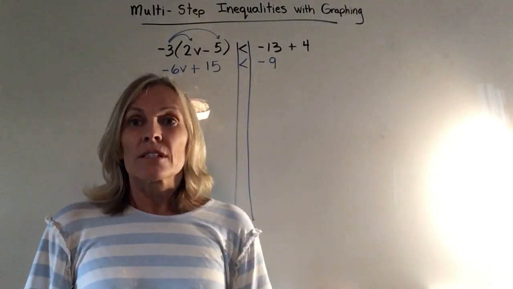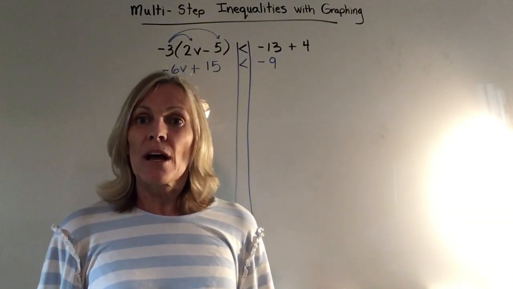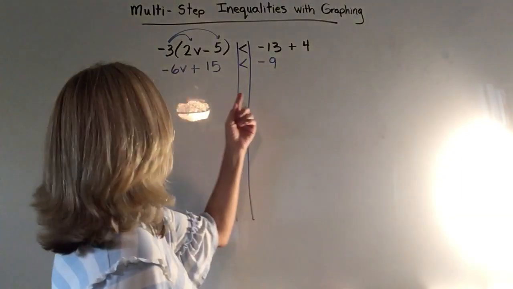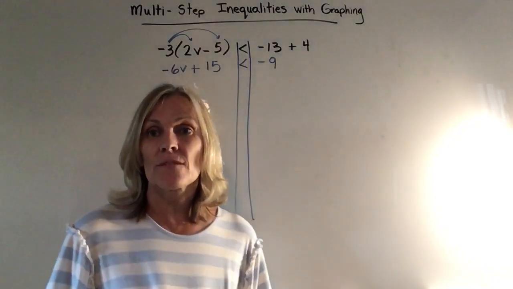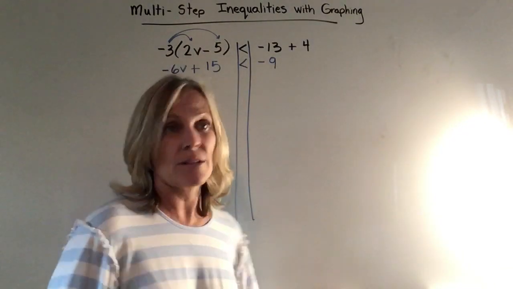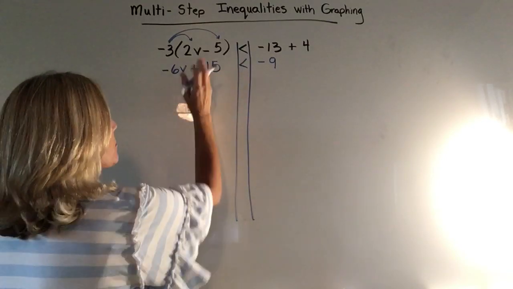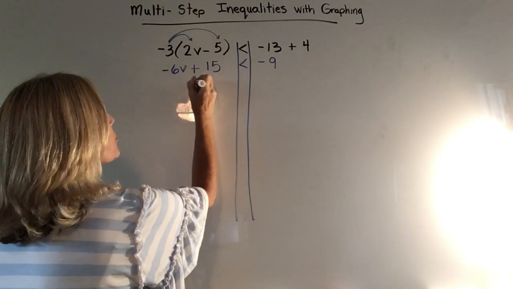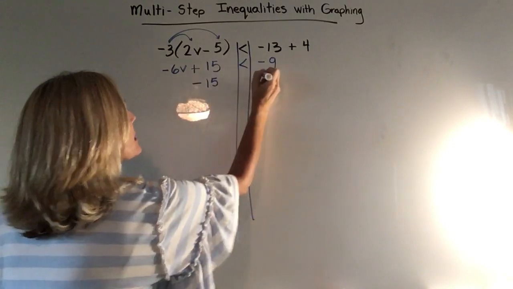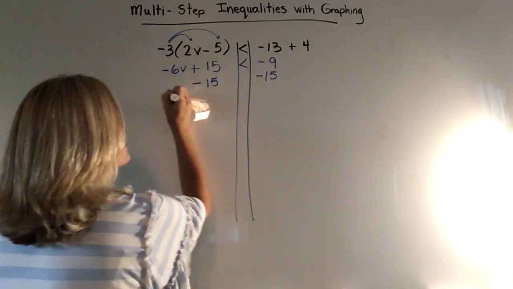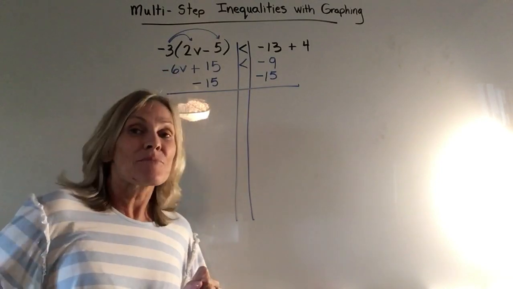Now, step 2 is putting the variable on one side, but our variable's only on one side, so we don't even have to do that step. So the last thing we're going to do is isolate the variable. So we are going to, remember, reverse PEMDAS. So I'm going to add a -15 to both sides. So that is, what is that? What property?